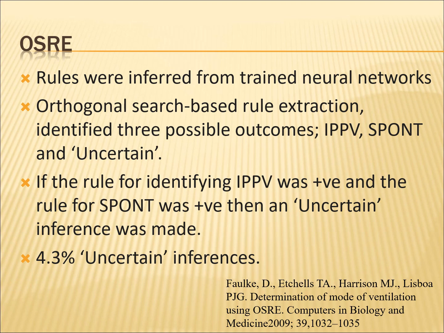If the test for spontaneous ventilation was positive and the test for IPPV negative, then spontaneous ventilation was assumed. PPV was then not reported. If the two tests disagreed, then the algorithm assumed uncertainty and did not report the PPV.